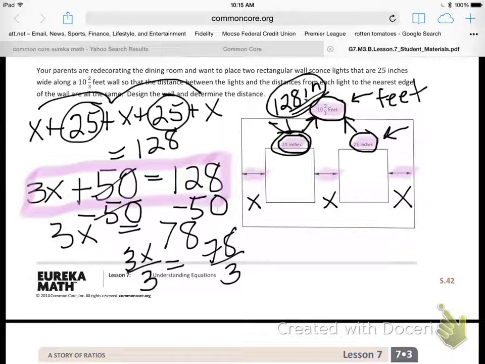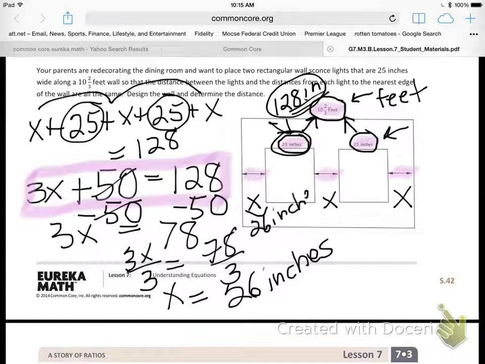So this is x, of course, and that equals 26. So 26 inches, that's 78 divided by 3. These right here are 26 inches. And if we convert that to feet and inches, there are 2 feet, 24 inches, and then 2 left over. 2 out of 12, which is also equal to 2 and 1/6 foot.